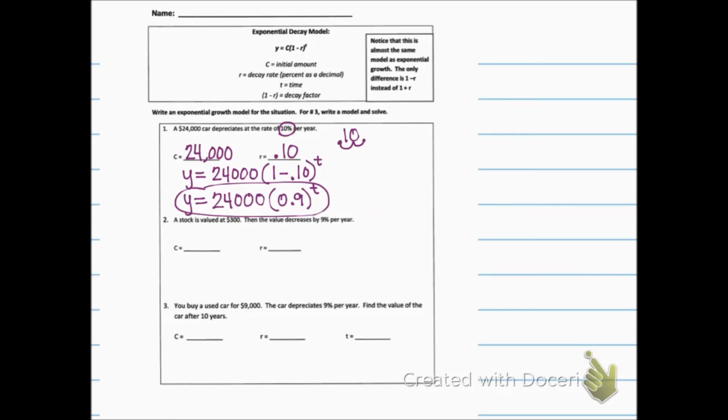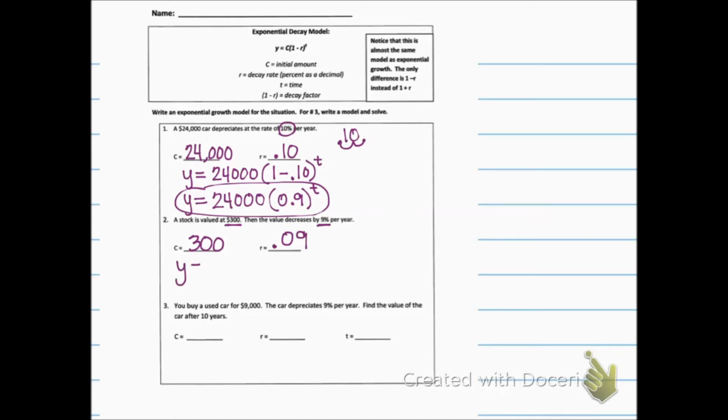Okay, number 2, it says a stock is valued at $300. Then the value decreases by 9% per year. So once again, our C value is our initial value, so that's going to be that 300. Our rate, 9%, if you convert that to a decimal, is 0.09.